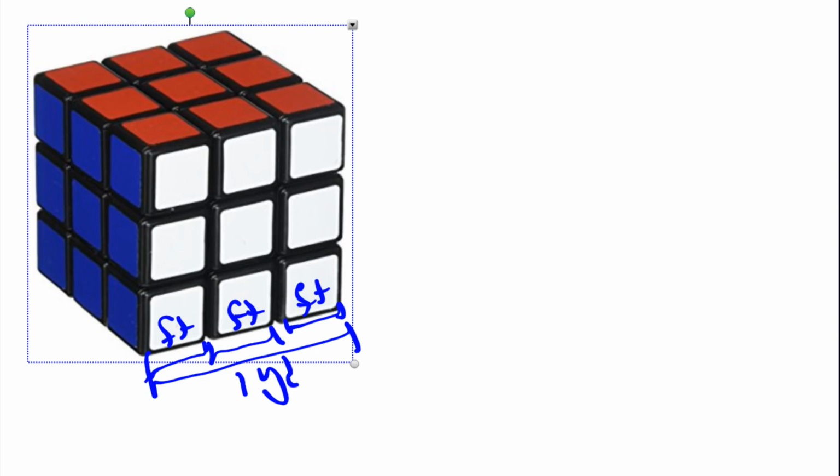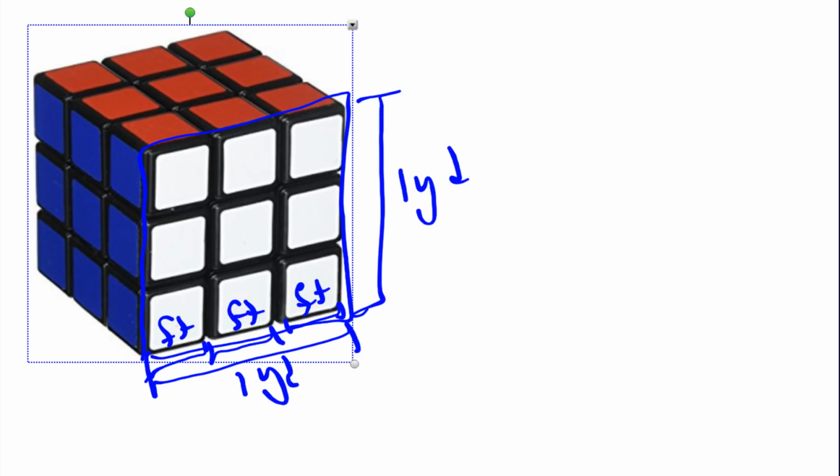Either way you look at it, 1 yard is 3 feet. Now, on the white side of the Rubik's Cube, what we have here is the area of a side. That side is 1 yard by 1 yard, which makes that 1 square yard.